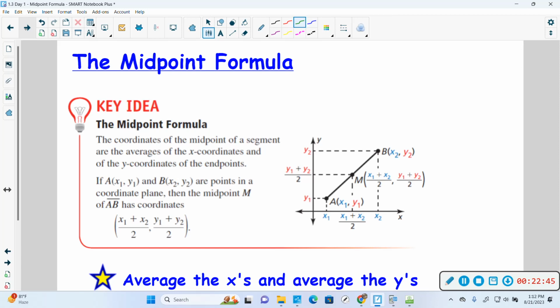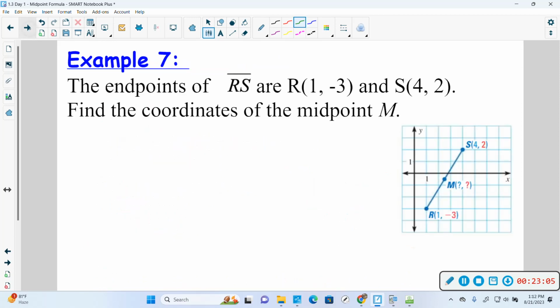Same thing. You're going to add your x coordinates, and there's 2 x coordinates, so you divide by 2. You add your y coordinates, there's 2 y coordinates, so you divide by 2. And just to point it out, here's the formula up here on the board. This is our new exciting formula of the day. Well, it looks crazy. I promise this is super easy.